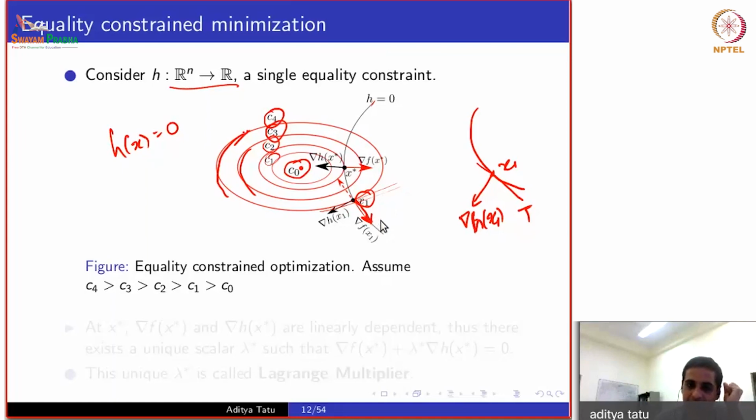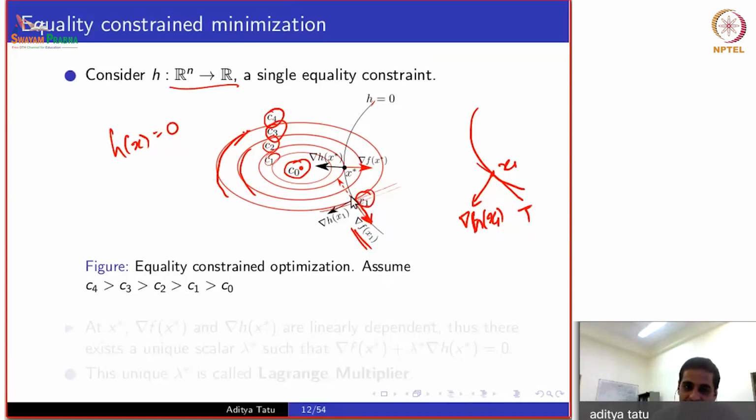What does that mean? Means that this gradient of f, right, I can go a little bit along the curve in a direction that is aligned with this gradient. If I go in that direction, then what happens? The value of this function will of course increase.